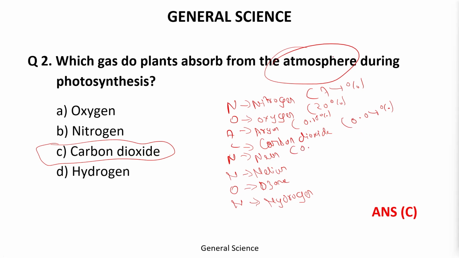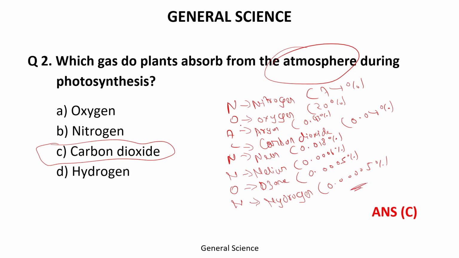All right students, there is something which we should correct. It's 0.93%, then it's 0.018%, it's 0.006%, it's 0.005%, and this one is 0.00005%.